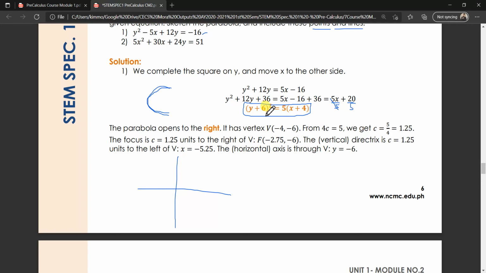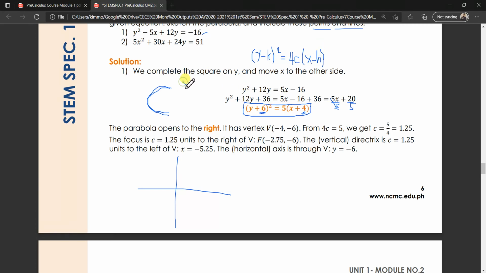Again, we identify the coordinates of our vertex beside the x and the y. So, the equation of a parabola opening to the right is y minus k squared equal to 4c times x minus h.